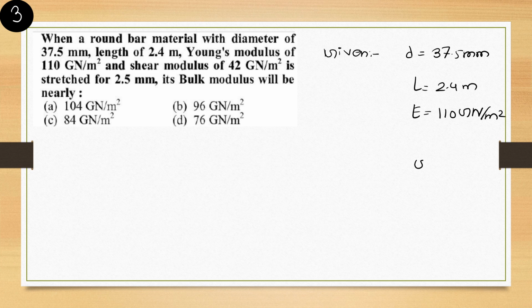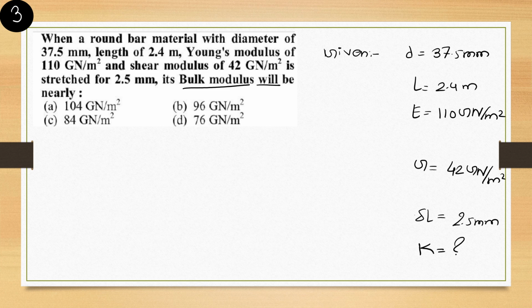Shear modulus, represented by G, is 42 giga Newton per meter square. Stretched for 2.5 mm means delta L, the change in length, is 2.5 mm. Then they ask for the bulk modulus, K. We need to find out K here.